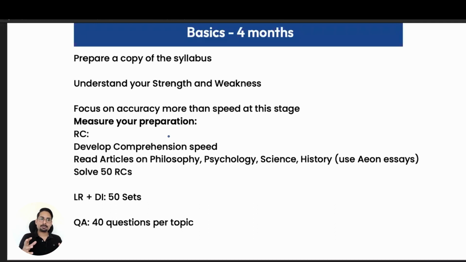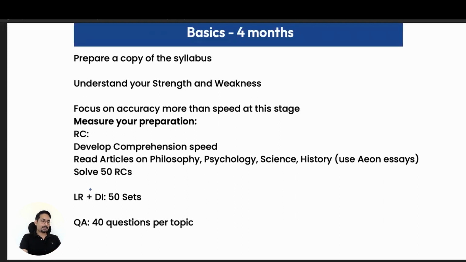But if you keep practicing that particular topic, it's endless and you will lose out on time. So better off measuring your preparation. So keep some count, which you should tick mark in your calendar. These many questions I have done for this particular chapter, so I'm good to go for the next one.